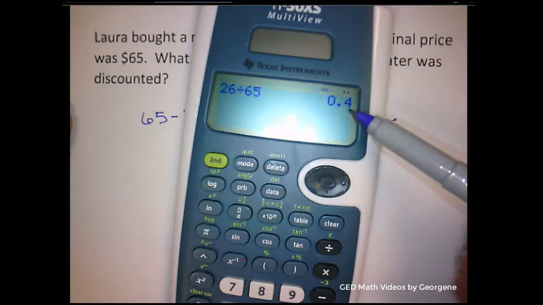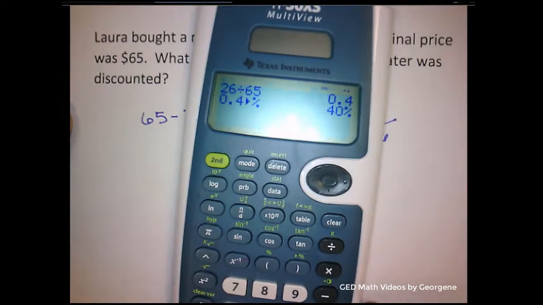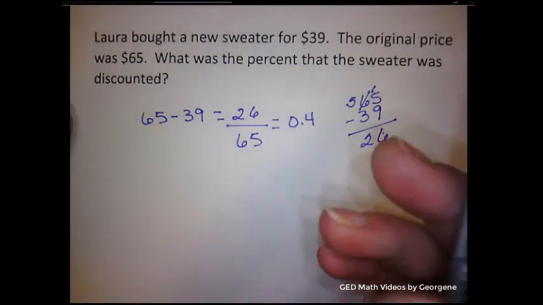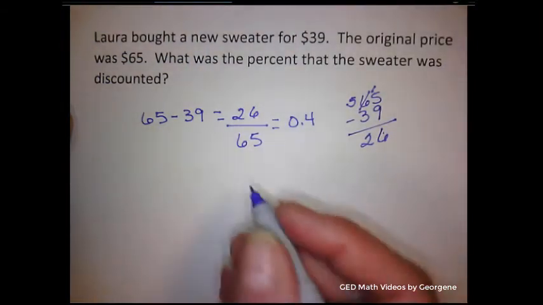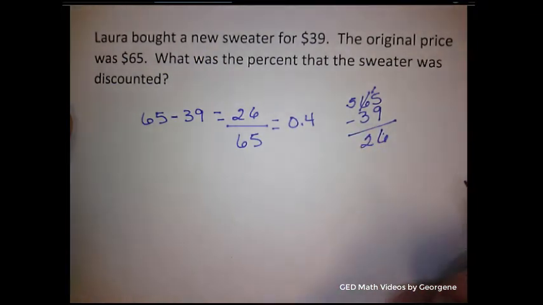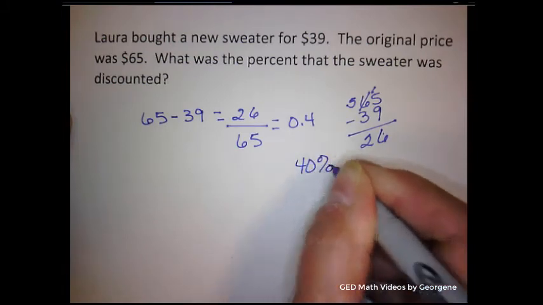So if I want to change that decimal number to a percent, I'm going to hit the second button, hit the button directly below the change to percent, hit enter, and there it is. It's 40%. That was pretty easy. Lots of different ways to change that decimal to a percent. So we know that our answer is going to be 40%.